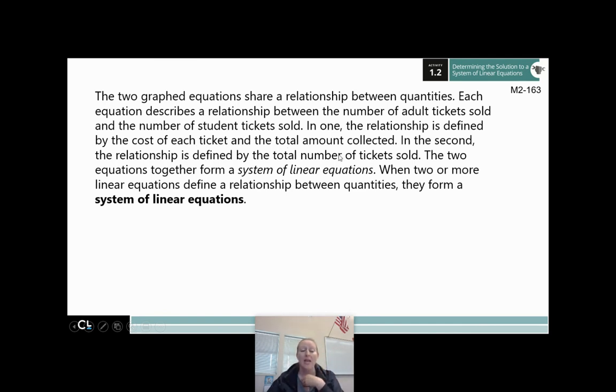But the second equation is defined by the total number of tickets sold. So the two equations together form a system of linear equations. Notice how it's bold. This is one of your key terms. When two or more equations define a relationship between quantities, they form a system of linear equations. They both were using the same quantities, but in different ways, and that's a system of linear equations.